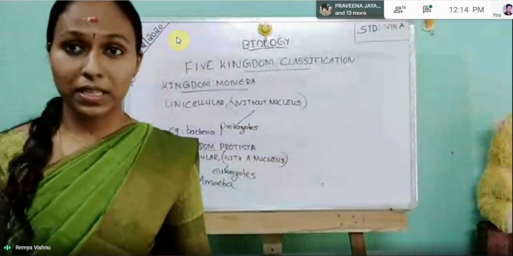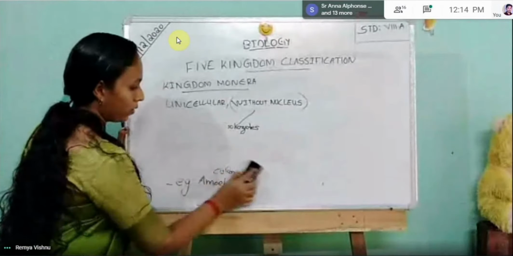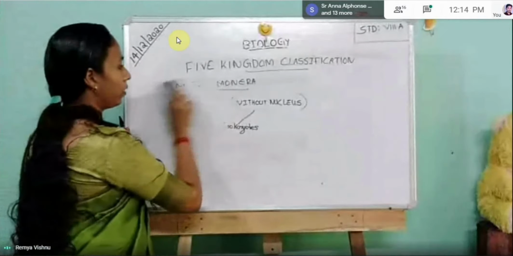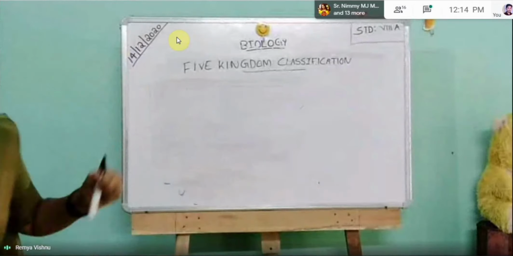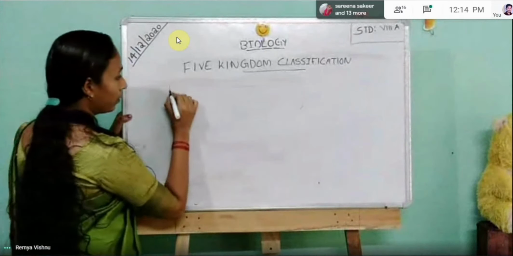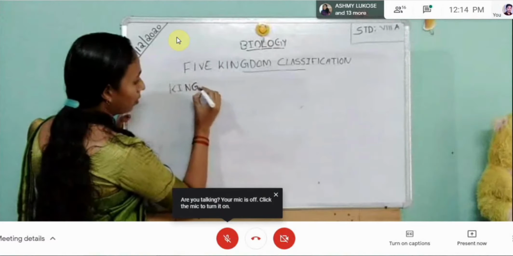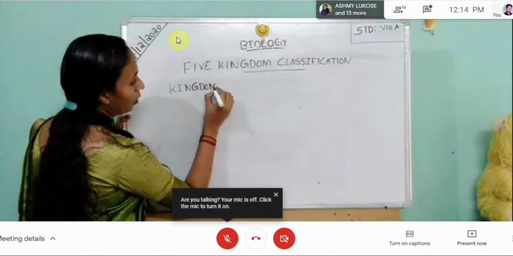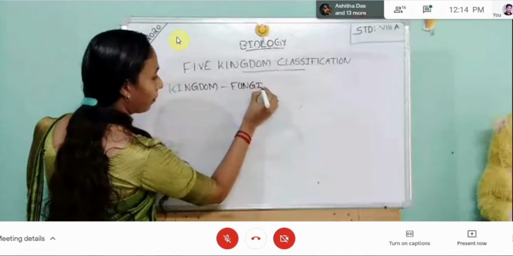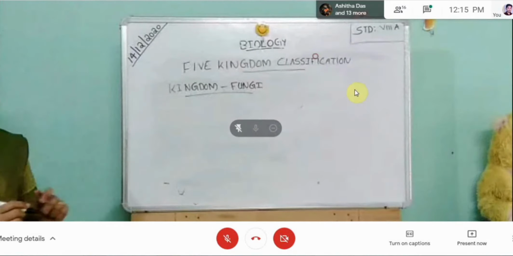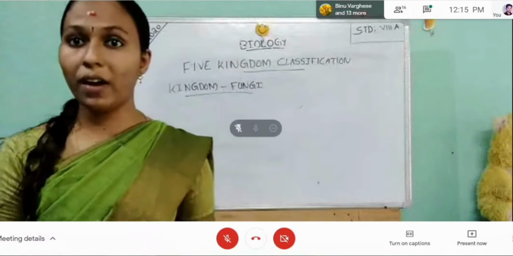The next kingdom is fungi. Third kingdom is fungi. These are non-motile, heterotrophic, unicellular or multicellular organisms.